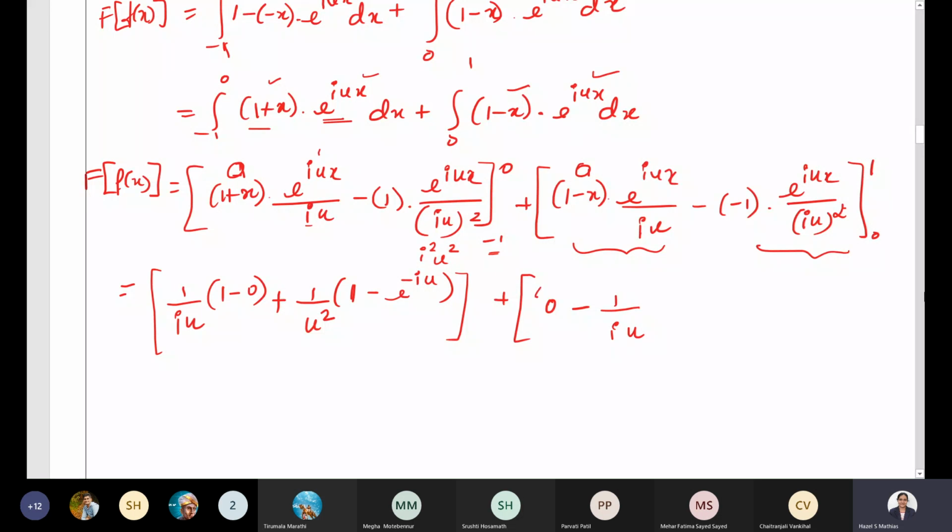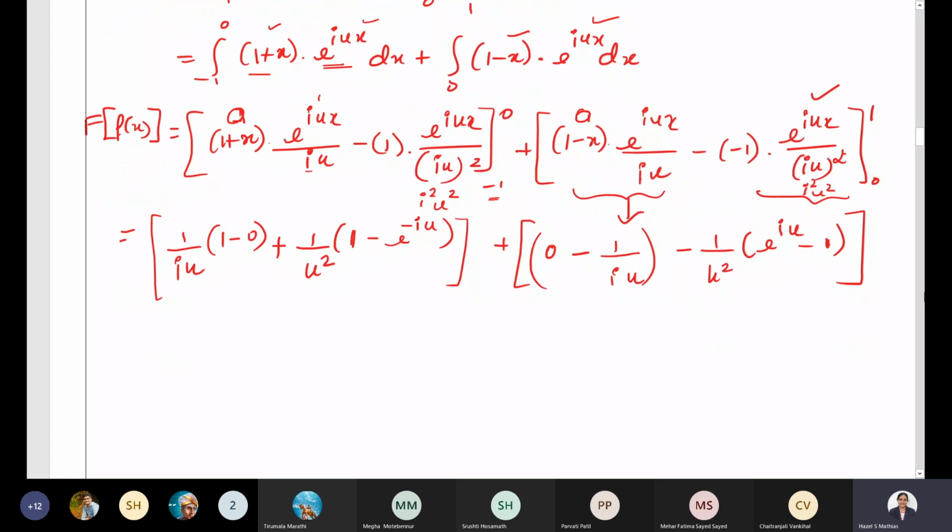This is the first term. Now minus of minus will be plus, but here you have i square u square. i square is minus 1, so you will have a minus term only, 1 by u square. Now for e power iux, put the limits. So it will be e power iu, and when you put the lower limit, e power 0, which will be equal to 1. This is what we get after substituting the limits.